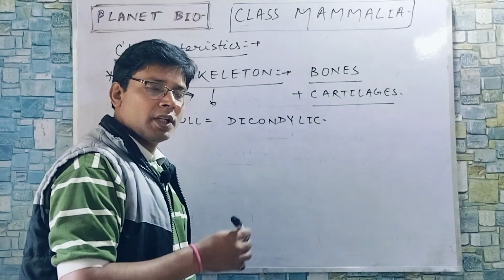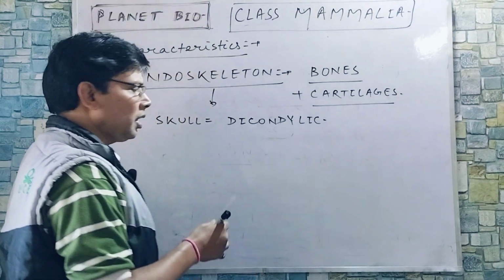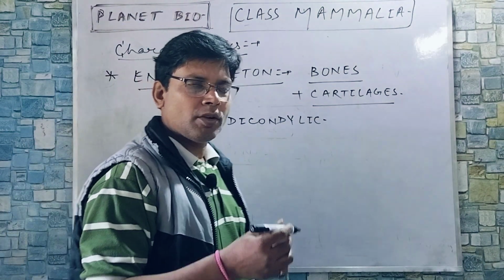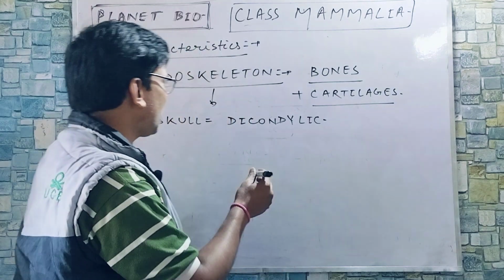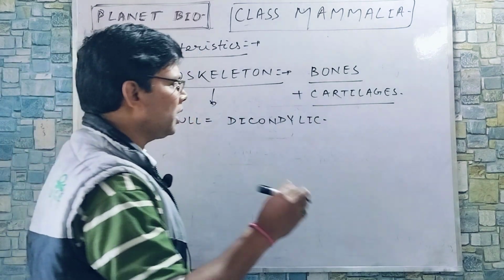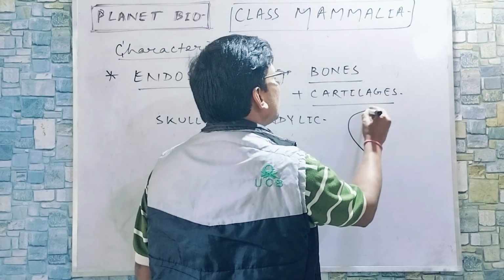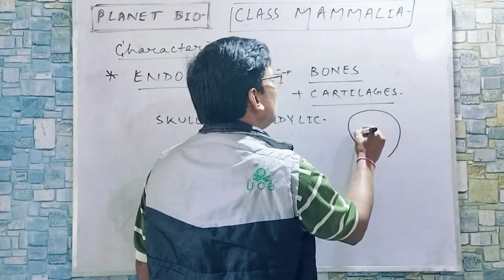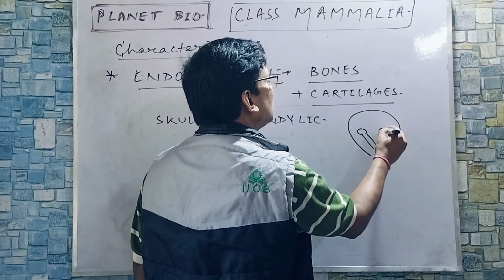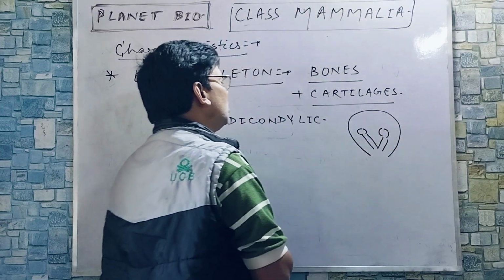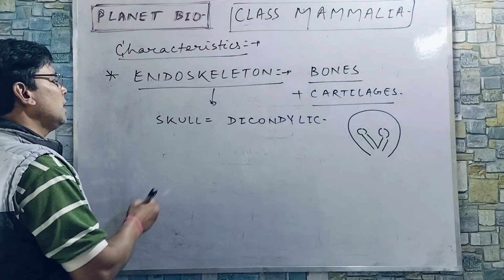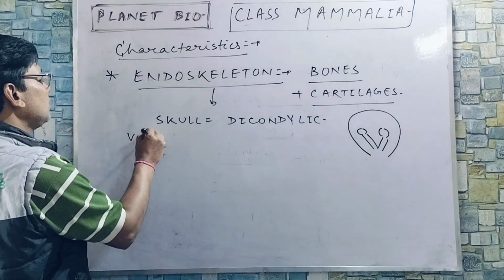This is also seen in amphibians, but in other classes of vertebrates you can find a monocondylic skull. Here, dicondylic, two occipital condyles. From the back side you can see two occipital condyles joining together, dicondylic.